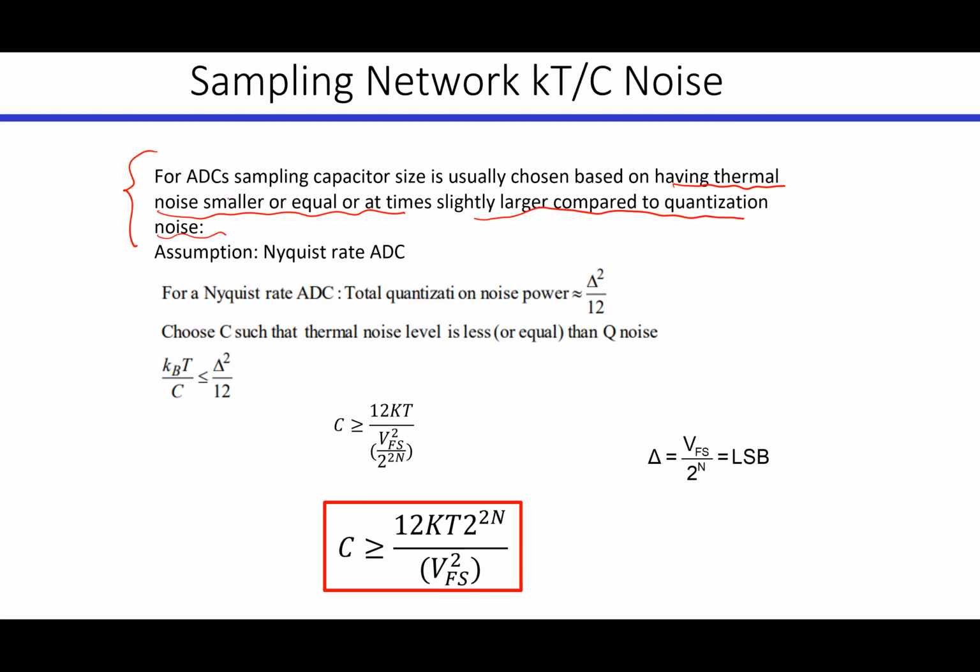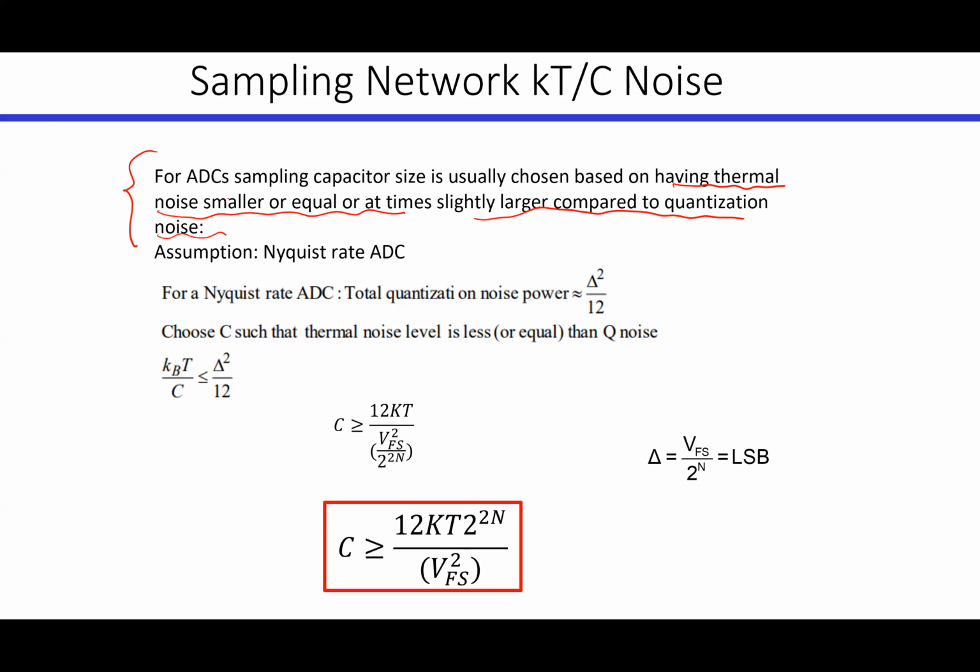If your quantization noise is not so dominant, you need to make sure that a certain level of thermal noise does not make your design worse. So you need to take care of the value of C so that the thermal noise does not become dominant. Now, how to do these calculations?